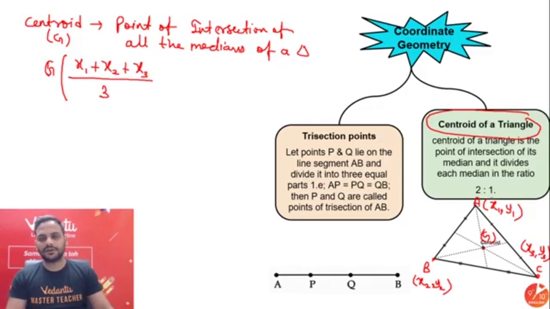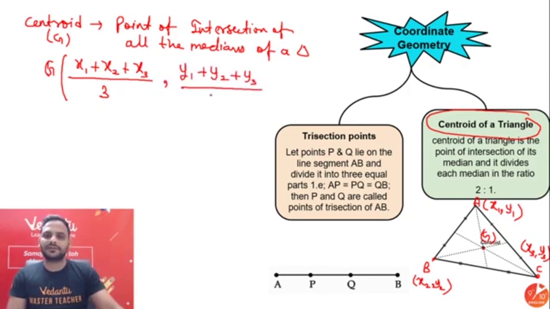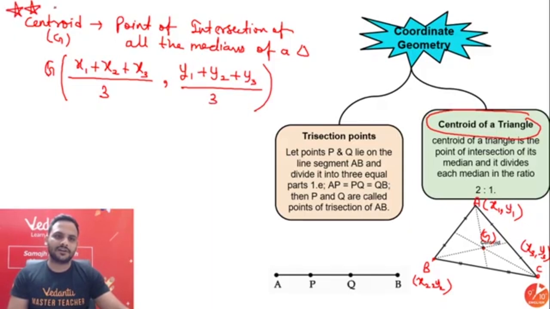Sum of the x coordinates of the three vertices divided by 3, and the y coordinate will be (y1 + y2 + y3) divided by 3. This is the direct formula for the centroid of any triangle.